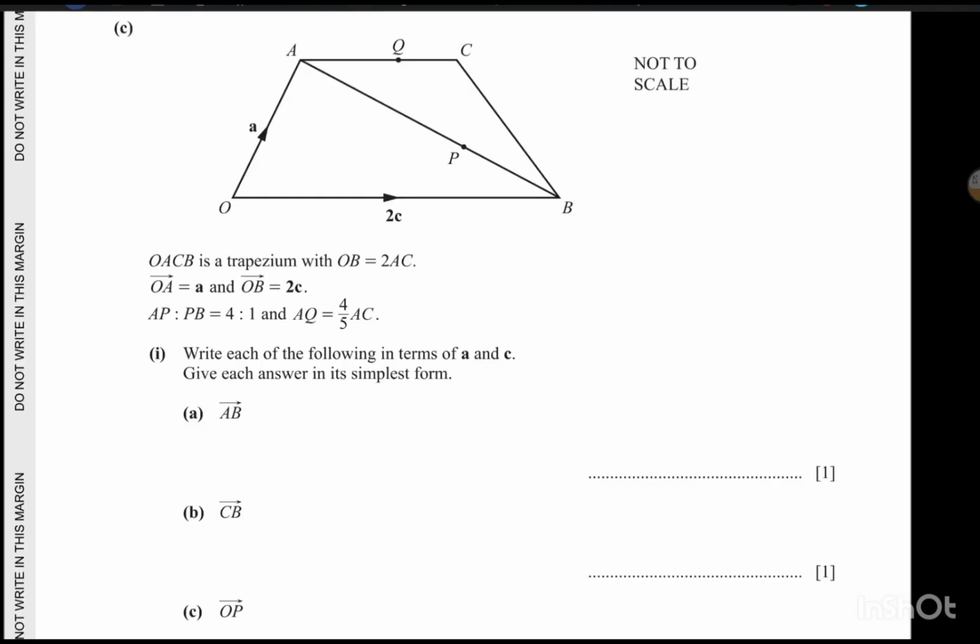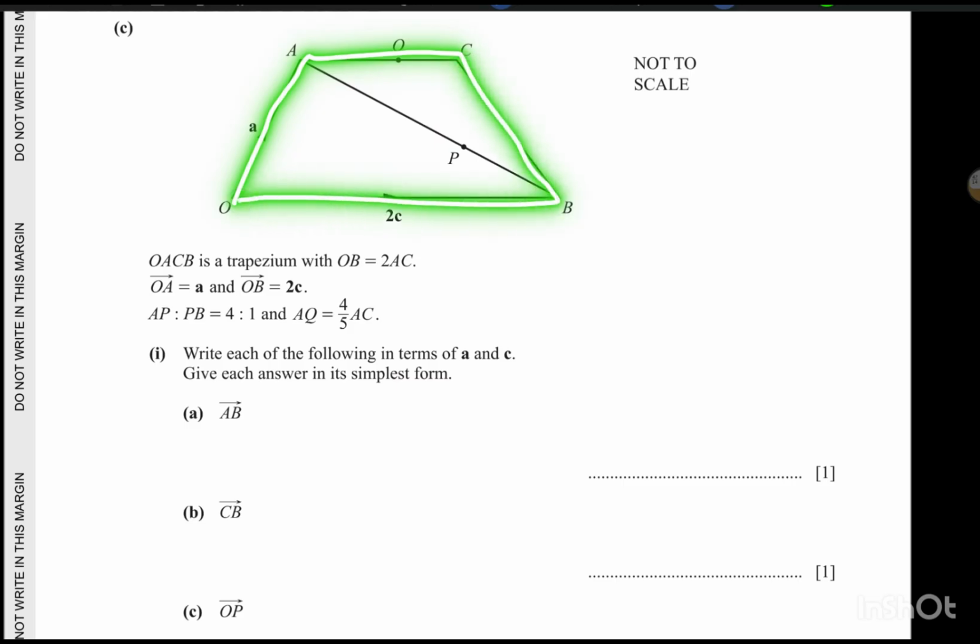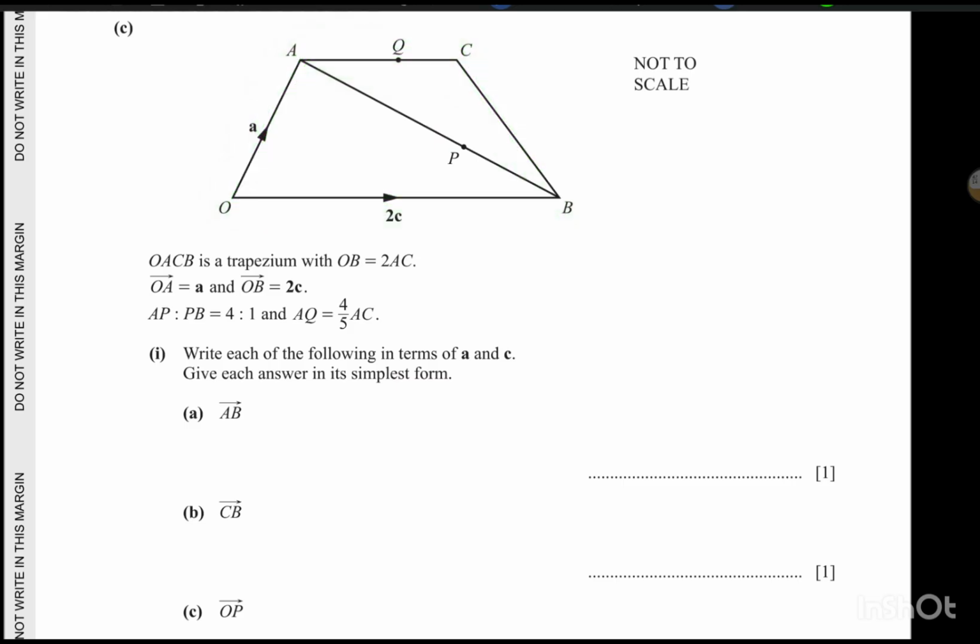Question number 6 C. OACB is a trapezium with OB equal to 2AC. There is one more thing given: OB is twice AC. So if I do 2 times AC, I will get OB. That means if OB is 2c, then AC will be c.